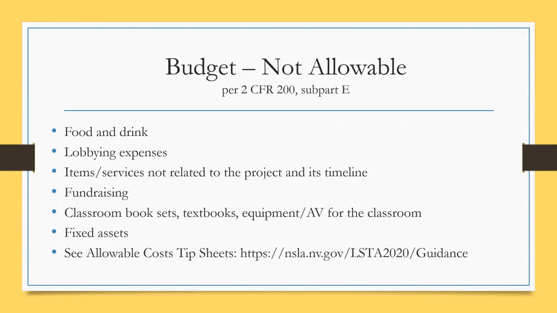Rather than honorarium, use stipend because you're paying professionals for their professional services. Fundraising is not allowed. I had a project this current year where I had to get my IMLS program officer involved because they were using their program to go out and drum up more funds, right? You can't do that.